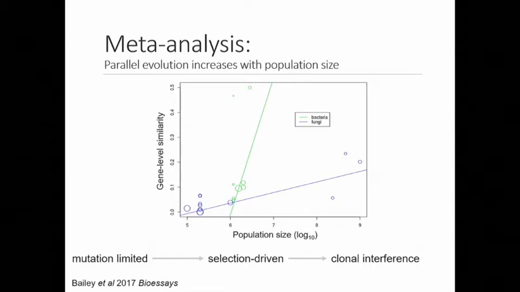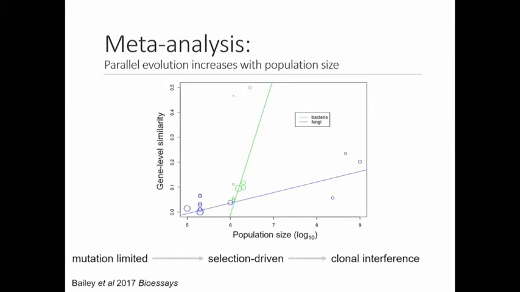But we can think about repeatability of evolution increasing as you move from a mutation-limited environment to a selection-driven environment as you increase population size. And then in these population sizes, what we're probably seeing is moving into clonal interference type conditions.